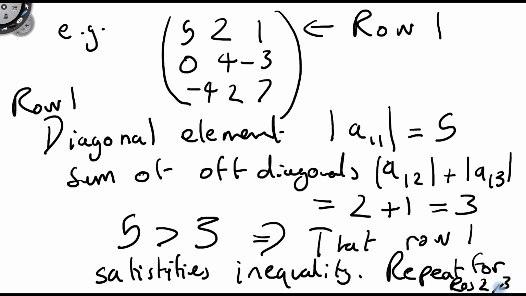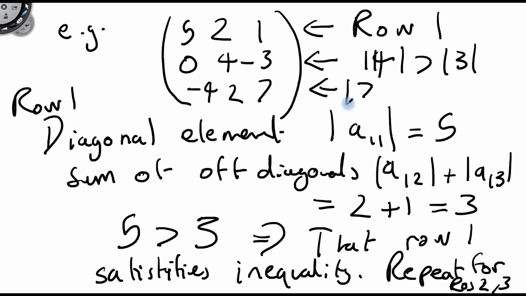So row 2 here, we have the absolute value of 4 is greater than 3, that's fine. And then here we have the diagonal element 7 is greater than 4 plus 2. So this means that this matrix is diagonally dominant.